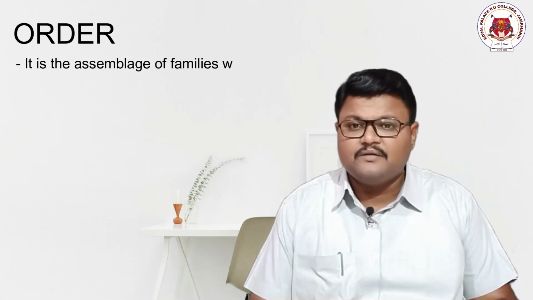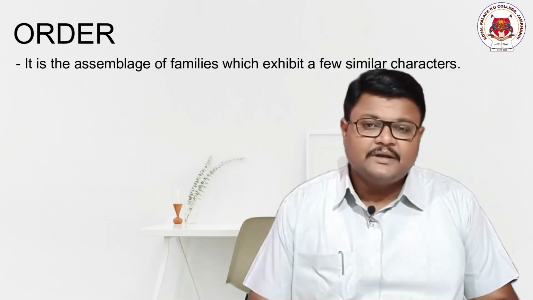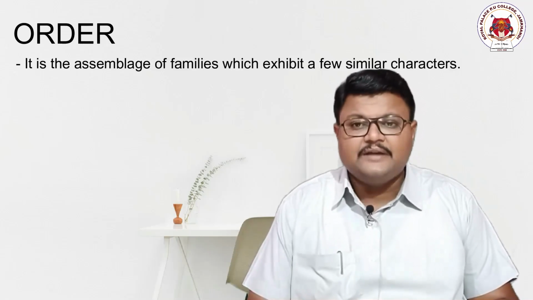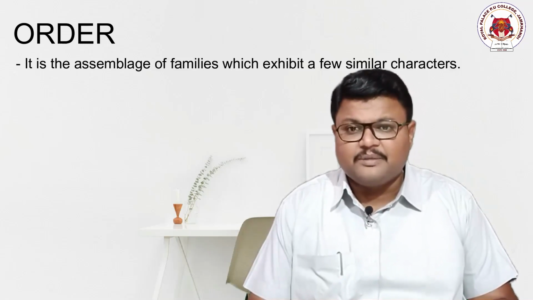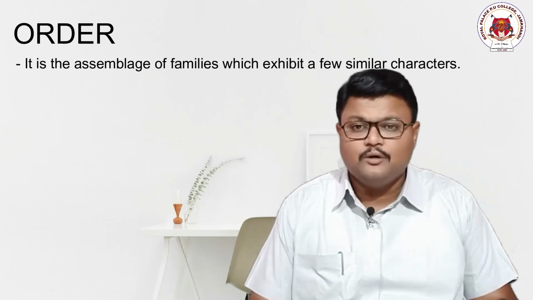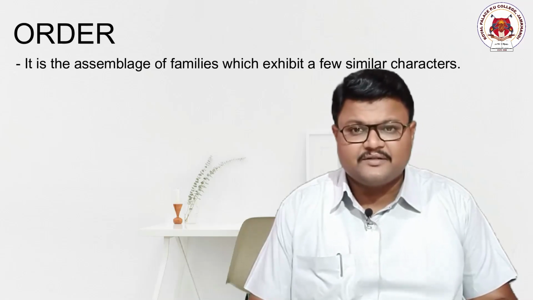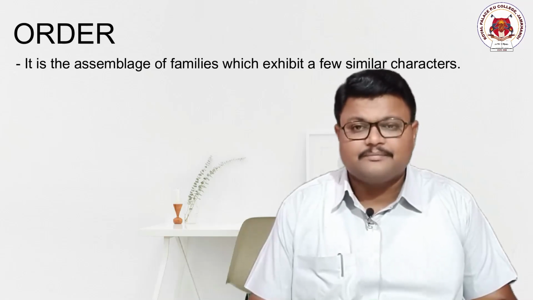I am repeating again and again in each and every category that order is nothing but a group of similar families, and it contains a higher number of organisms as compared to family and a lower number of common characteristics as compared to family.